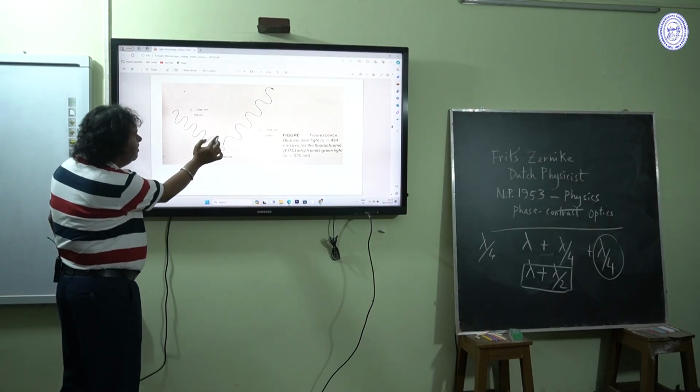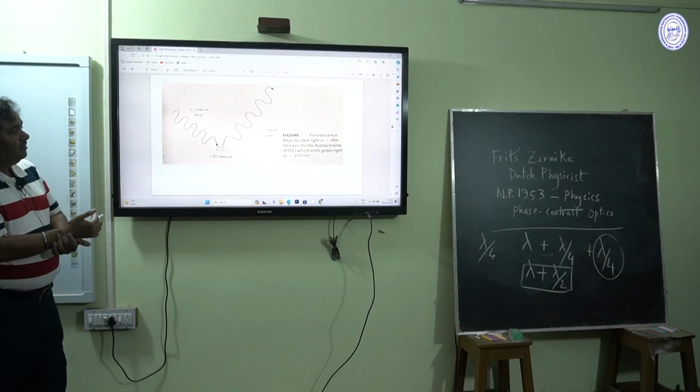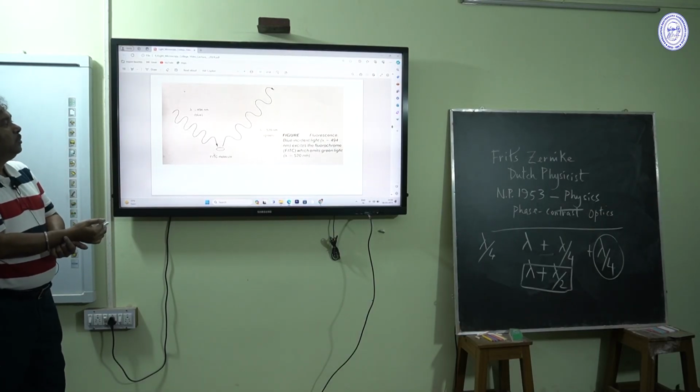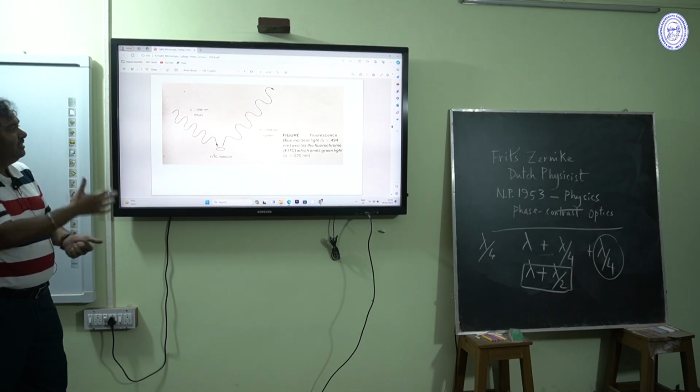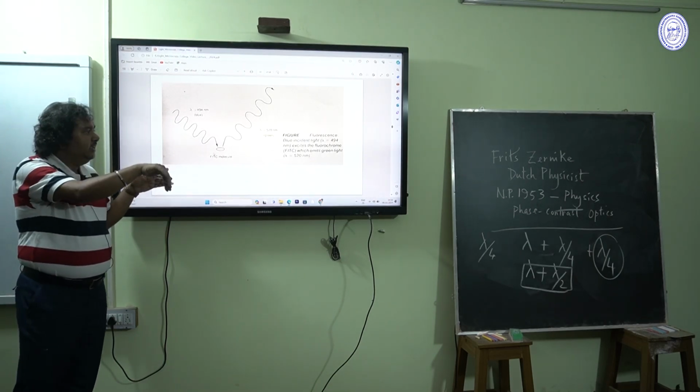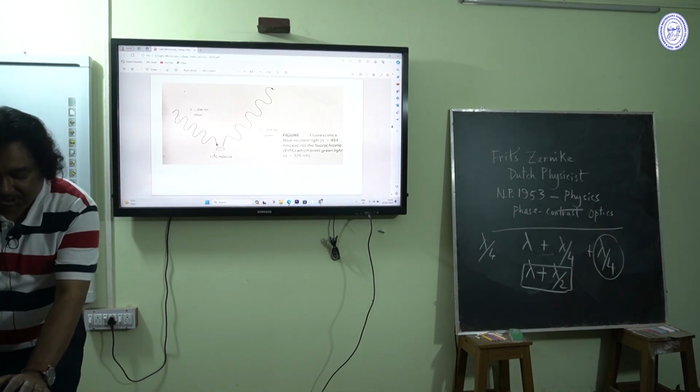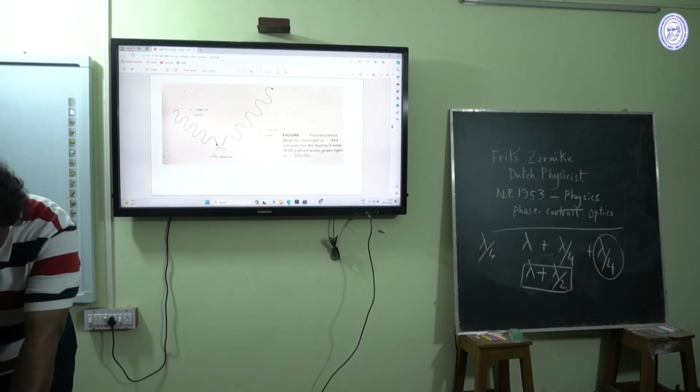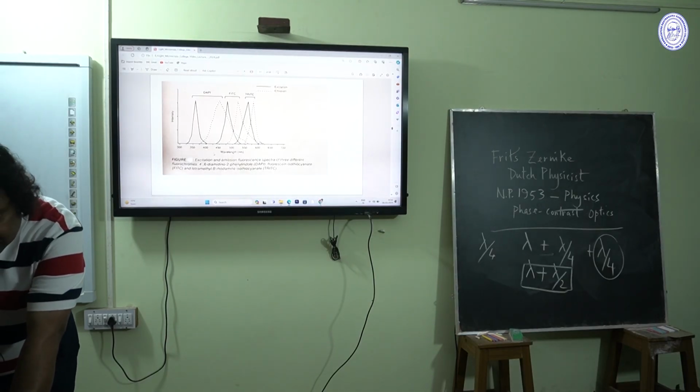After excitation, it will emit light having a wavelength of 520 nanometer, that is green in color. This type of property is used in the fluorescent microscope.